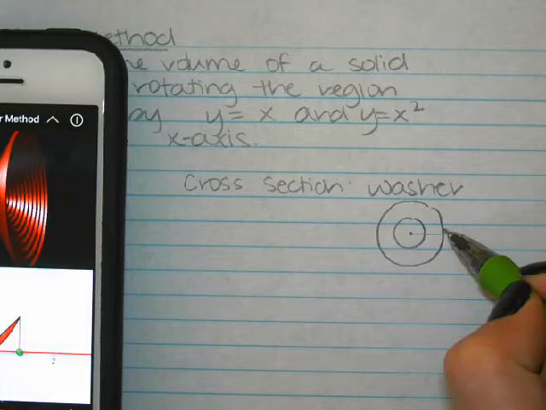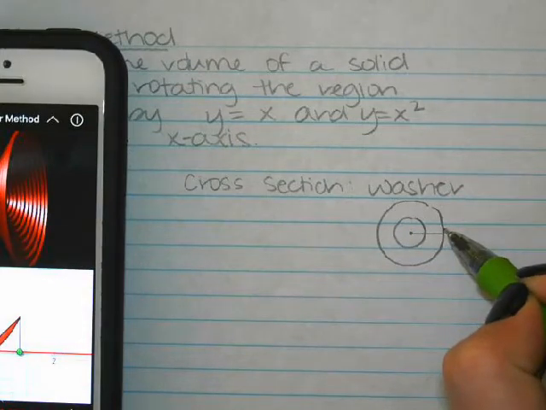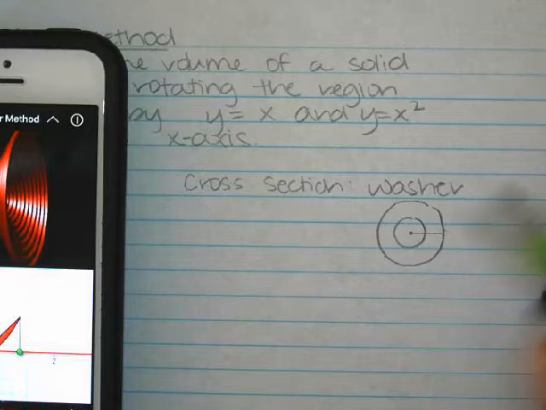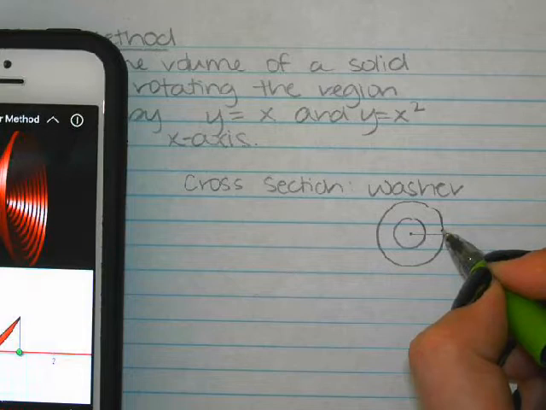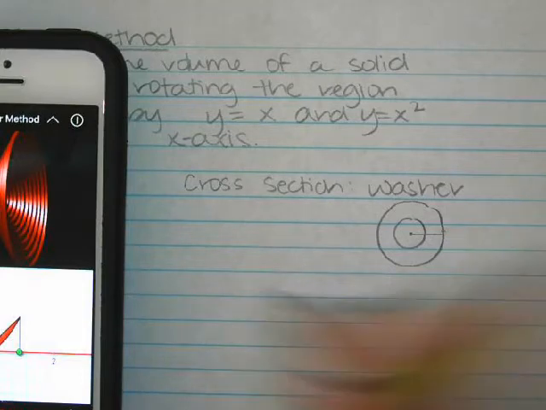So the outer circle is going to come from the top curve, or the bottom curve, I guess it depends on the picture, but it's going to be the curve that's furthest from the axis of rotation, right? Because it's going to make a bigger radius.